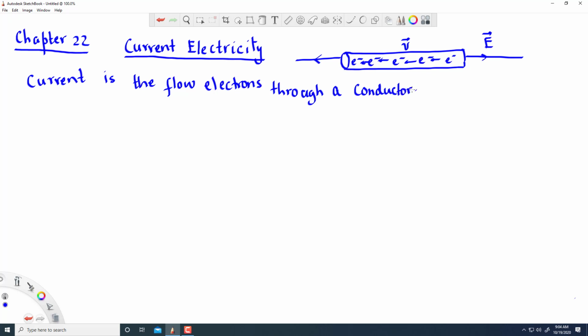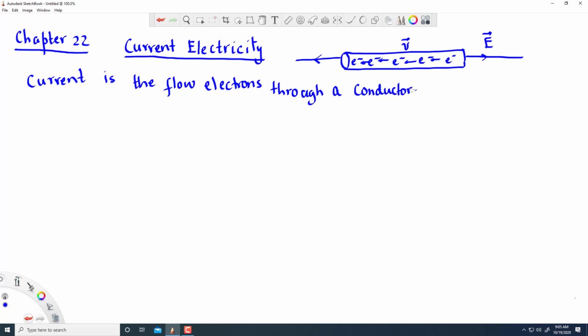Okay. Now at the time when Benjamin Franklin discovered the charges, positive and negative, he didn't know what negative charges are. He didn't know negative charges are electrons, and he didn't know positive charges are nucleus or protons.